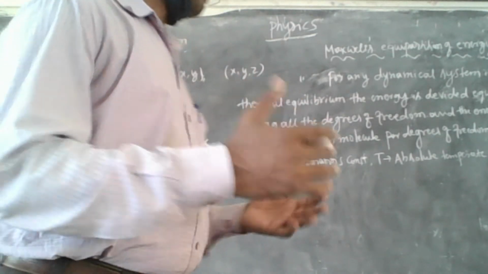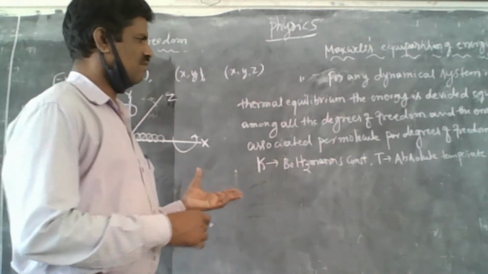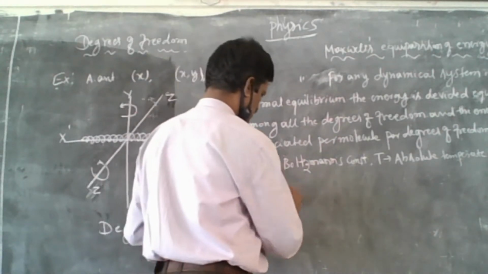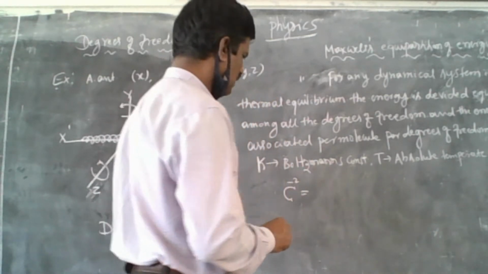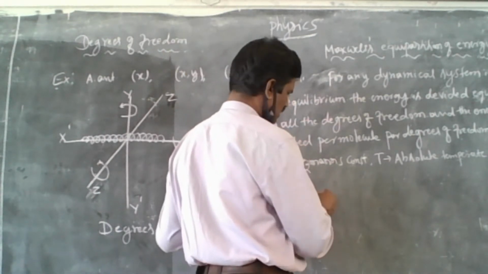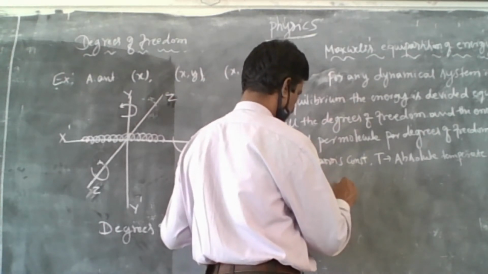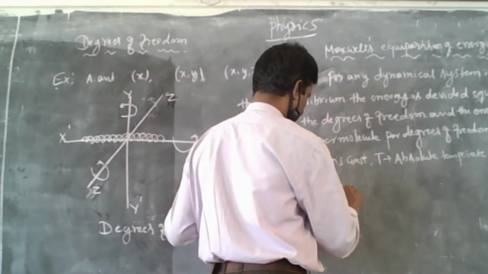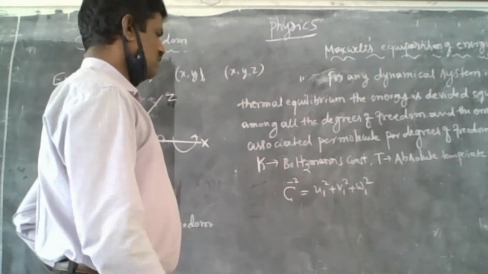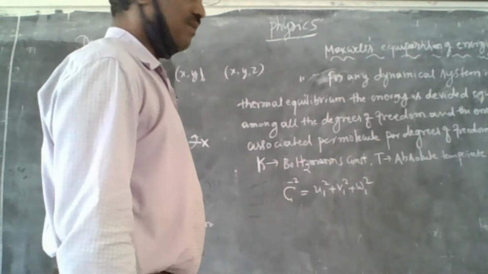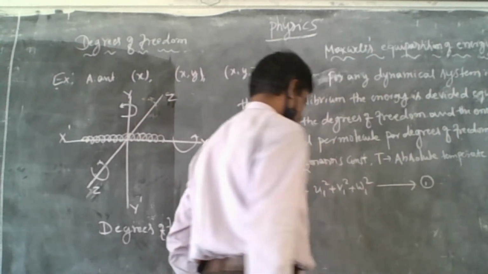the molecular velocity of the gas, or root mean square velocity of the molecule, is given by c bar squared equals u1 squared plus v1 squared plus w1 squared, equation number 1.